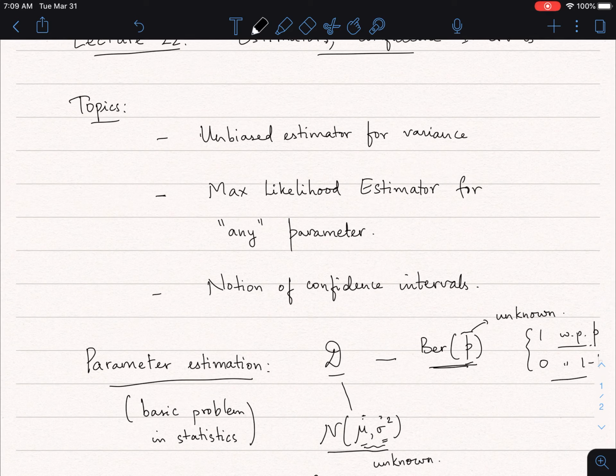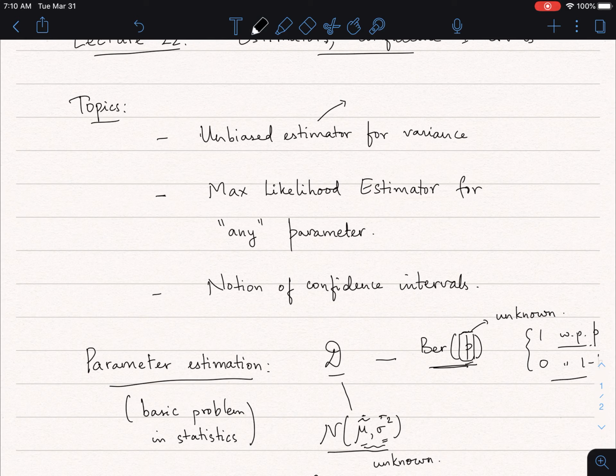Last time we saw this notion of an estimator as being some function of the observations we have. In all these cases, we'd like to perform estimation, which means figuring out the values of these parameters like p or mu or sigma squared.